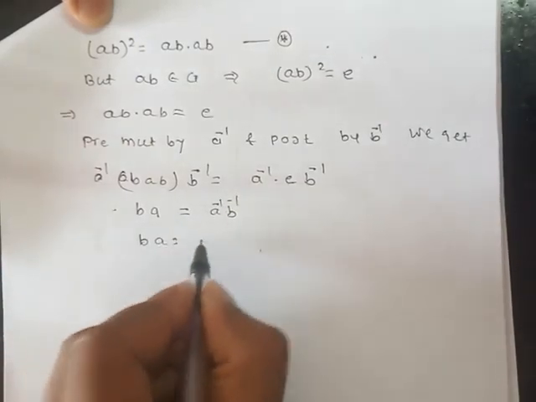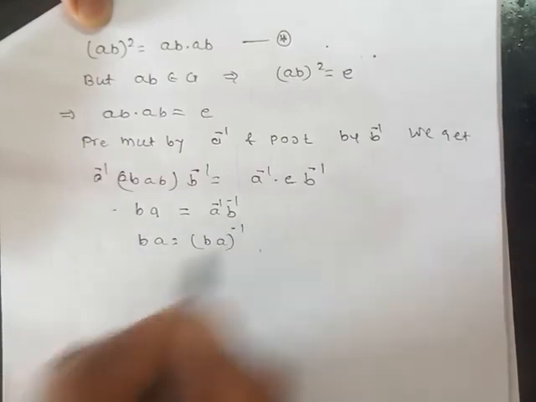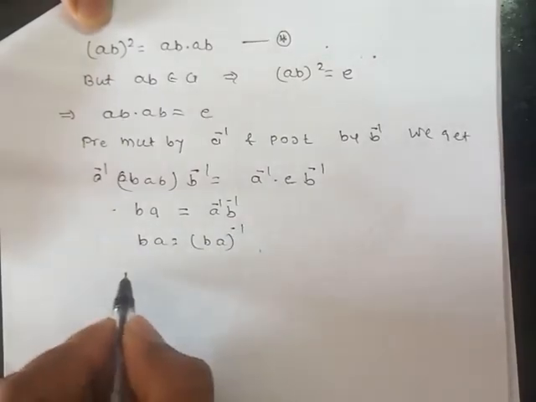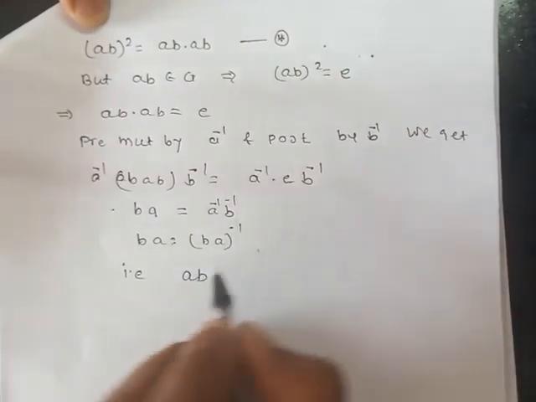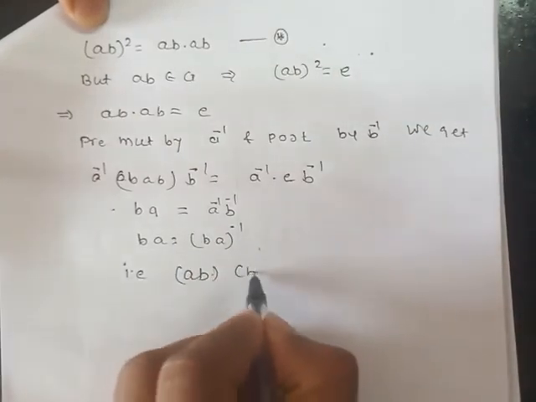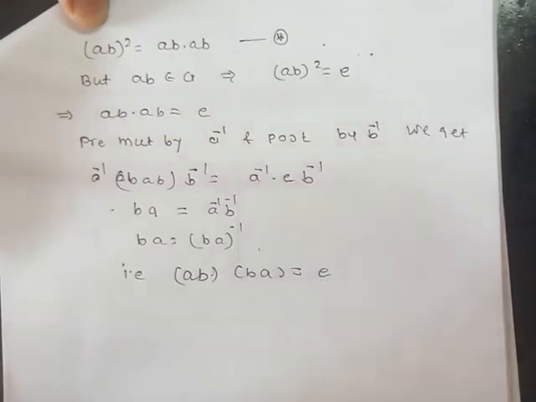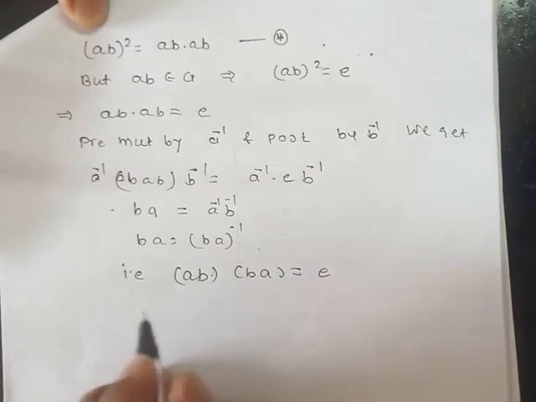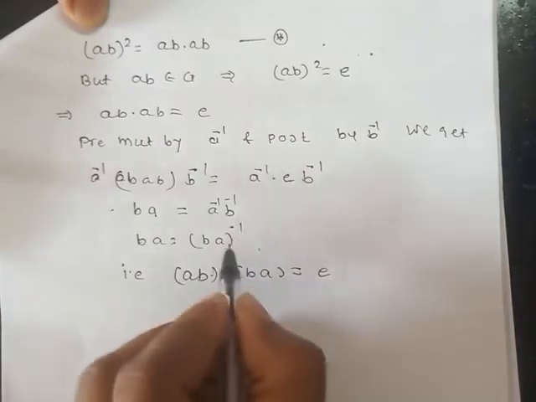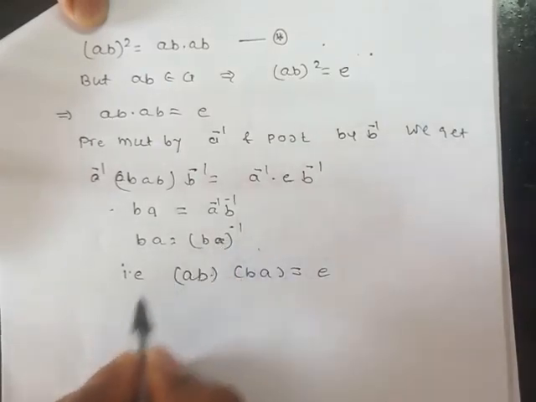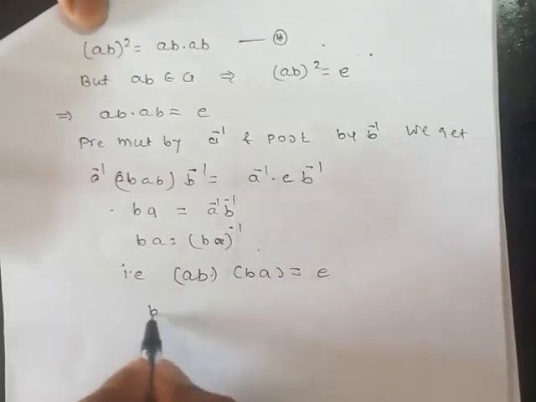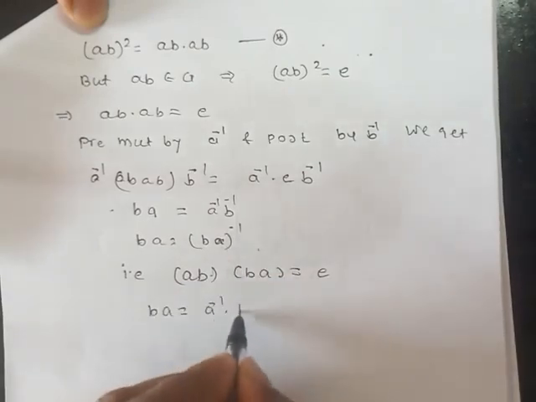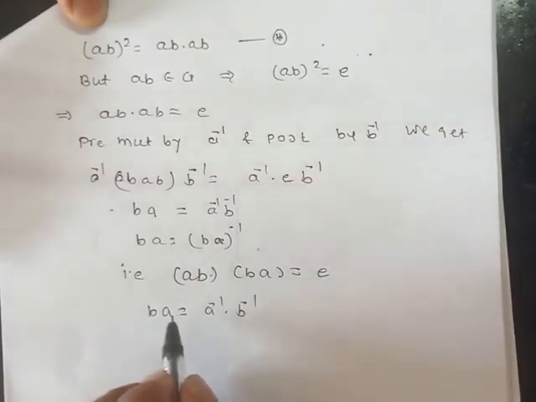That is BA is equal to (AB) inverse. Now again we have BA is equal to A inverse into B inverse.